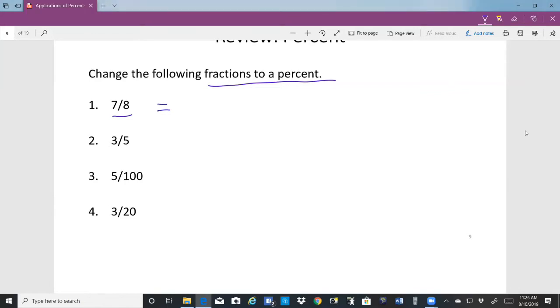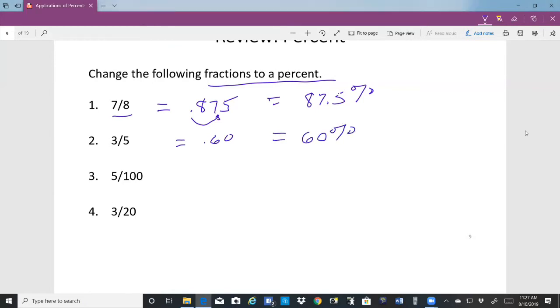The fractional expression is 0.8, or the decimal expression is 0.875. And converting that to percent is 87.5%. Just move the decimal over 2 places. For 3/5, you get 0.60, which is 60%.